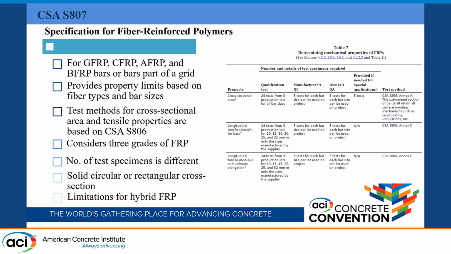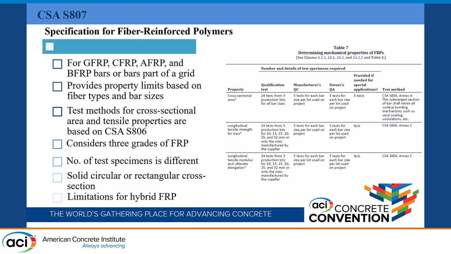The number of test specimens is different. We have many different tests in these specifications, for example, cross-sectional area, modulus of elasticity, tensile properties. For each of them, you need a specific number of test specimens. For example, you saw that for the tensile modulus, in ASTM you need 24, but in CSA you need 25. In the other one, in FDOT, you need 30 of them.